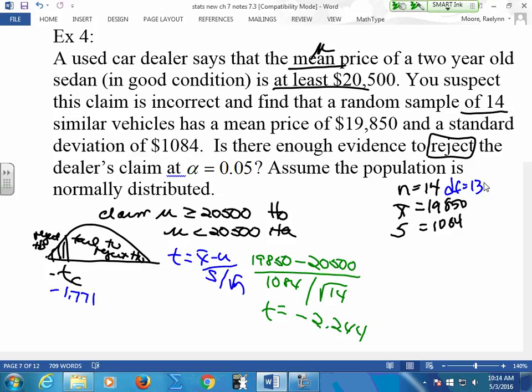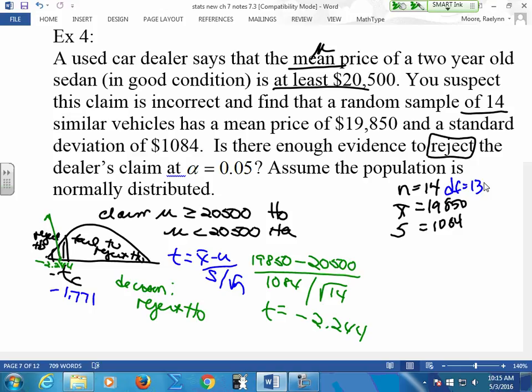Now, all we have to do is see where that number compares on this number line. So does it fall to the left or to the right of negative 1.771? To the left. And where did it fall? Reject. So here's my negative 2.244. My decision is reject H0. I'm always testing the H0, the null.